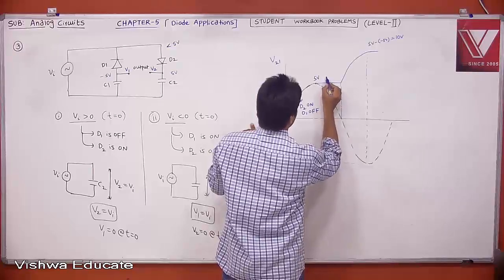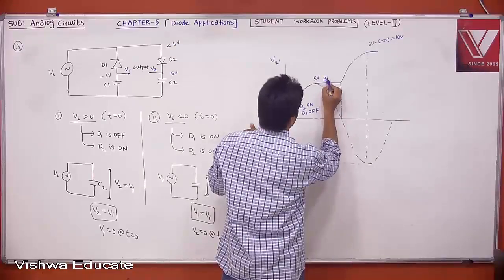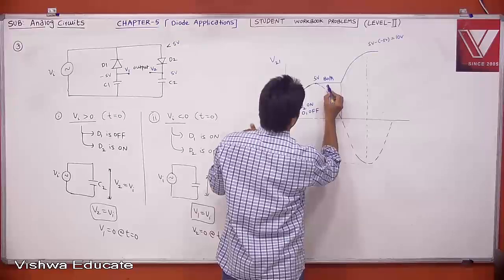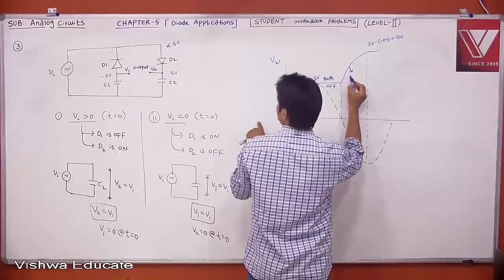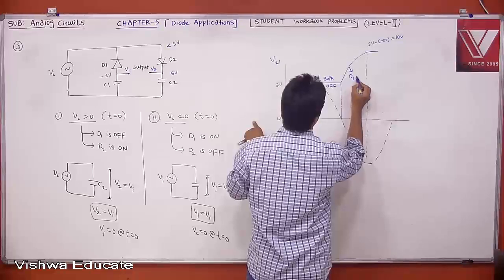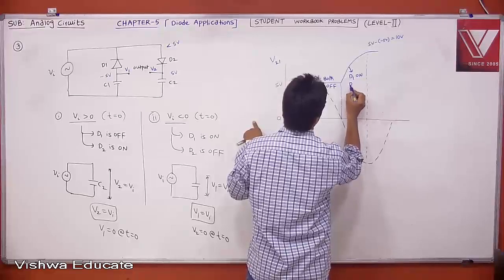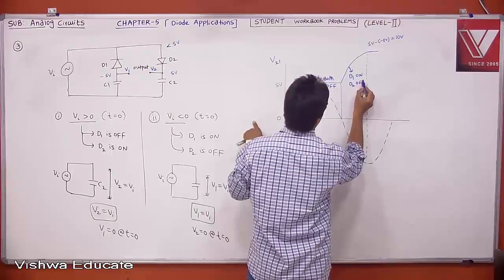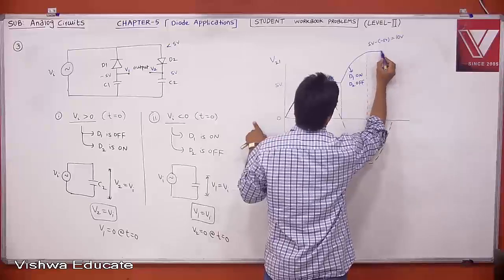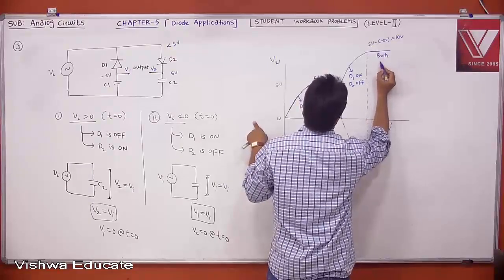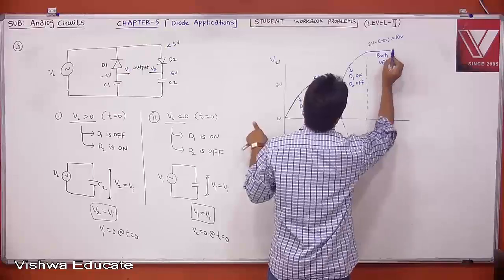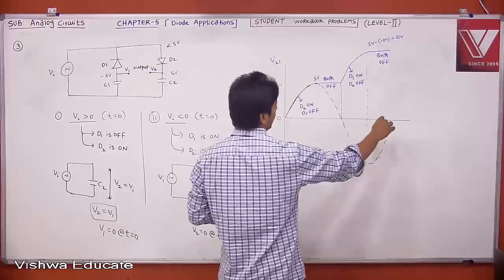But here both are off, but here when it is tracking, your D1 is on, your D2 is off, but again here both are off but handling 10 volts.